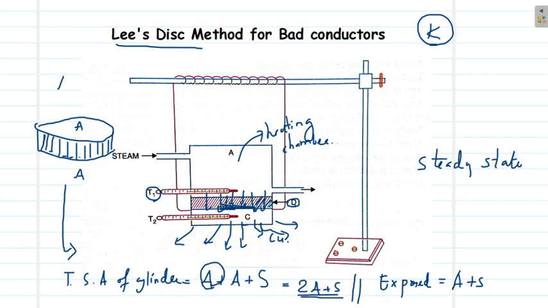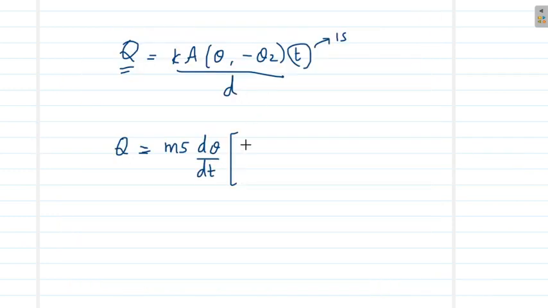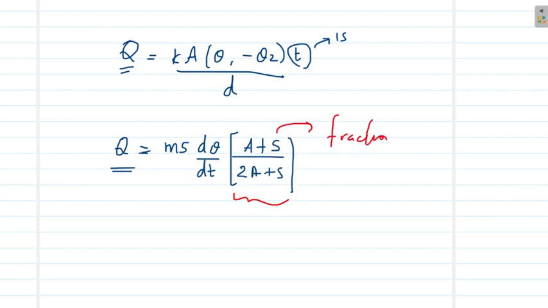We should multiply by the ratio of exposed area to the total surface area so that we can find the value of Q exactly. So this factor, A plus S divided by 2A plus S, represents the fraction of total exposed area.